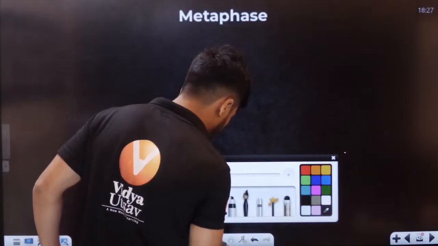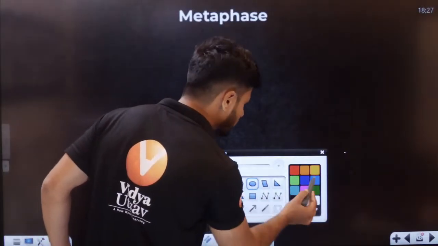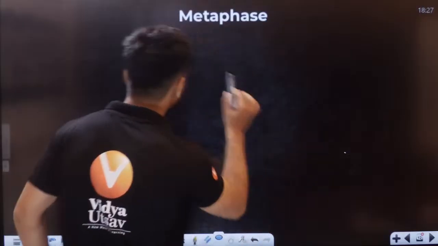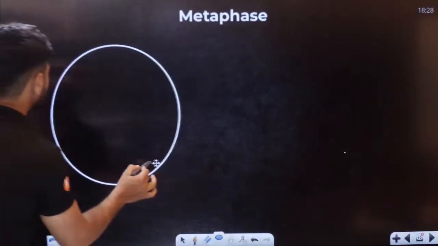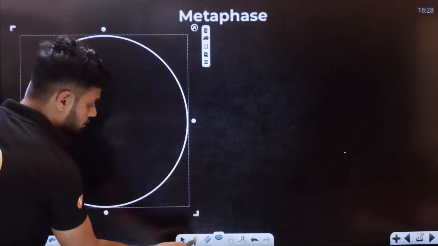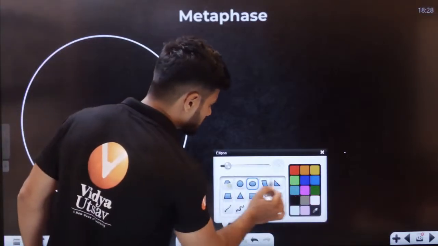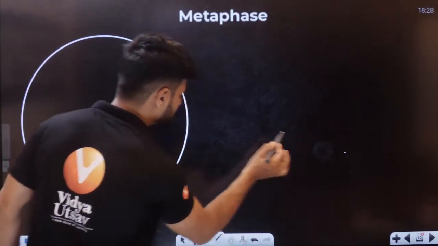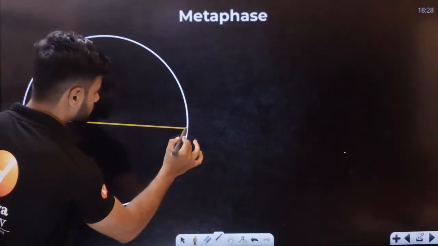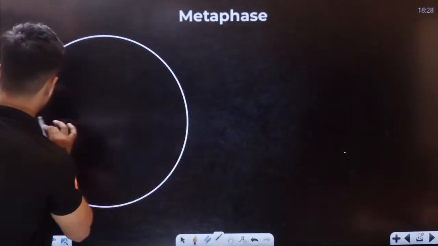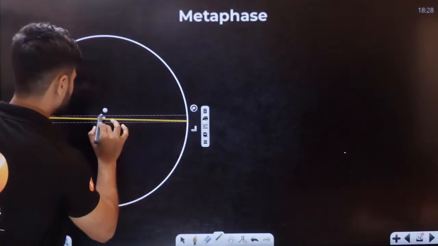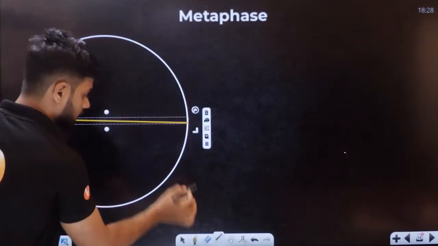Now, I want all of you to understand. Let me just draw one more diagram here for your convenience, so you get a better perspective. This is metaphase. Now, please focus very carefully right now. Can all of you see?